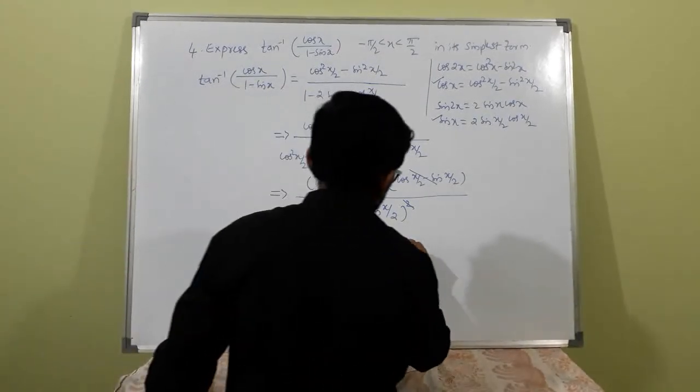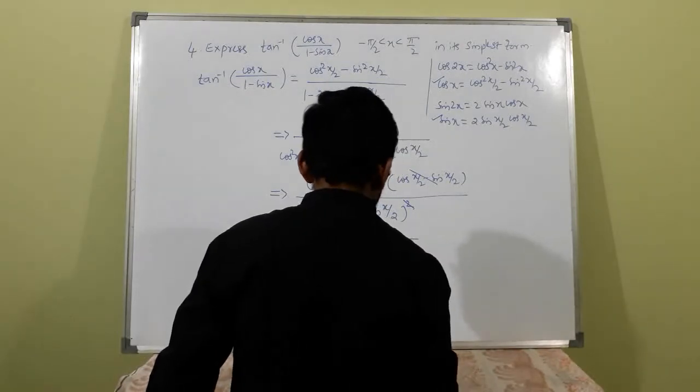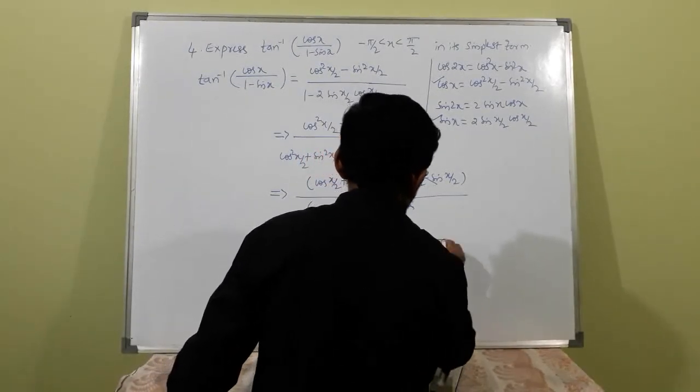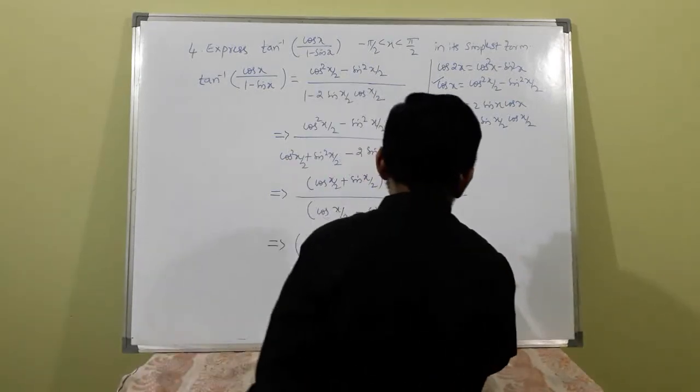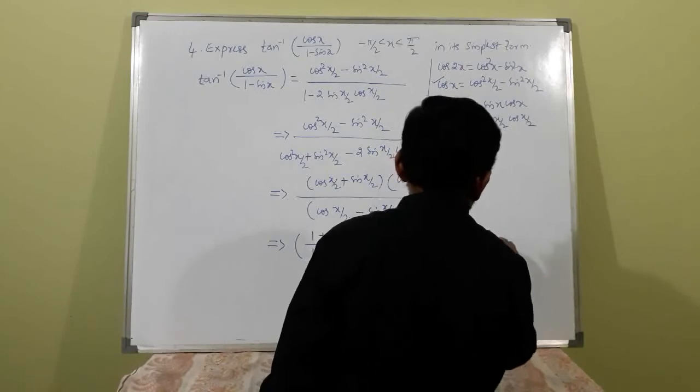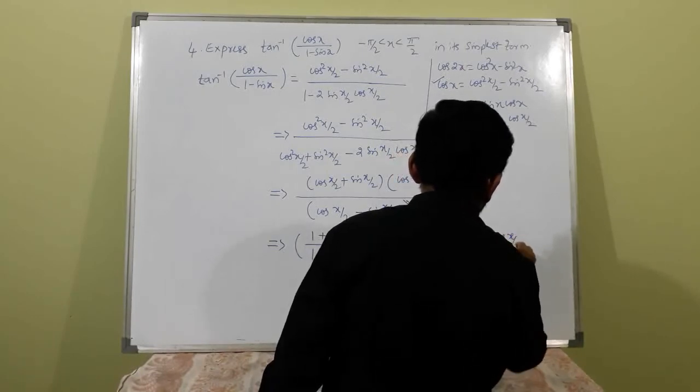Okay, by dividing numerator and denominator by cos x by 2.